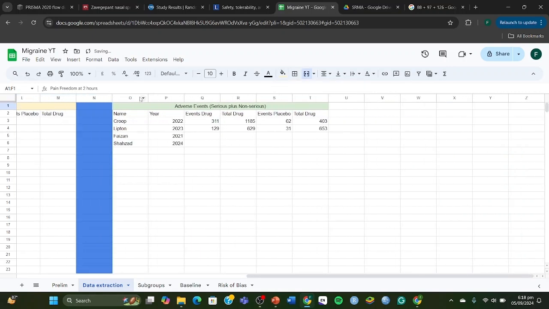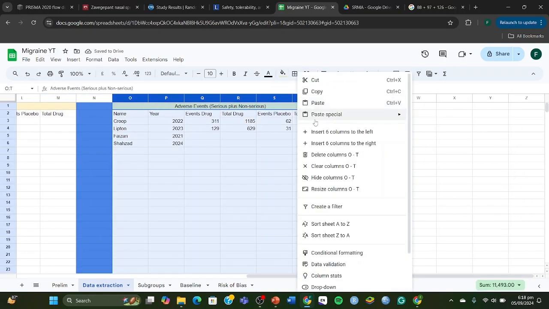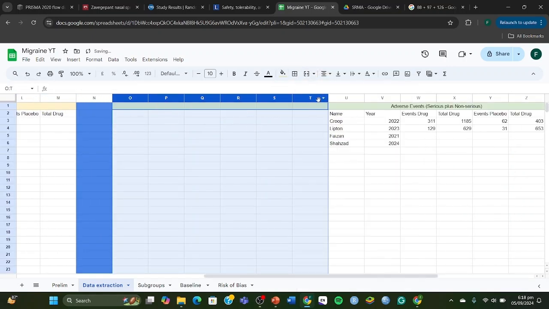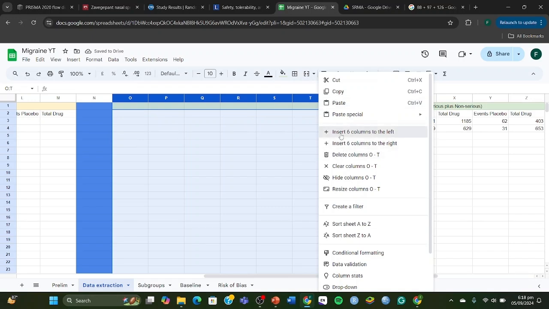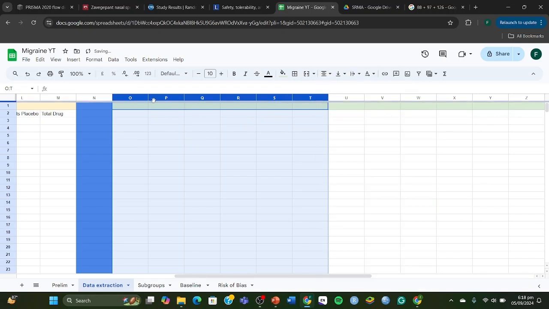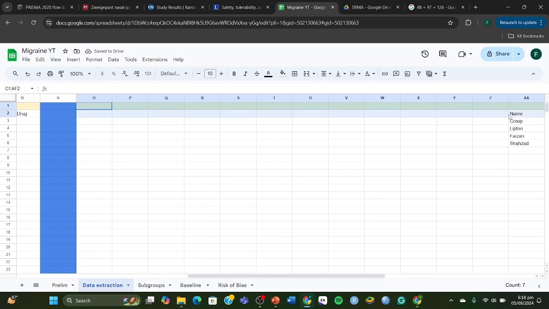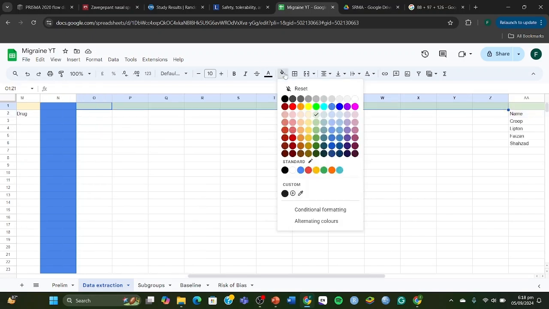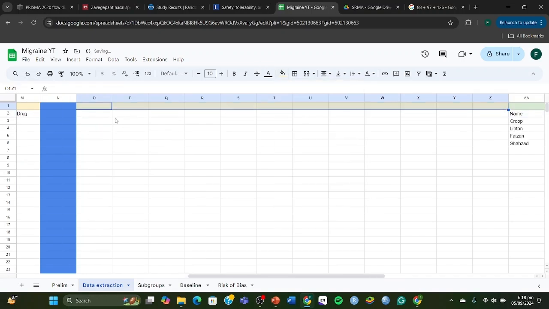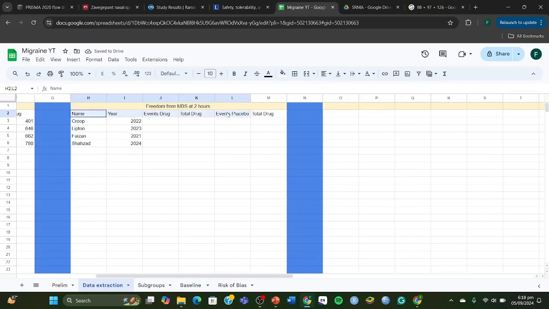So now I'm going to teach you how to pool any outcome which is not a categorical outcome, right? So I'm going to teach you how to pool a continuous outcome. I'm just going to make it yellow. And once again, we're gonna do name, year, etc., right here. Control C. Gonna paste it right here.